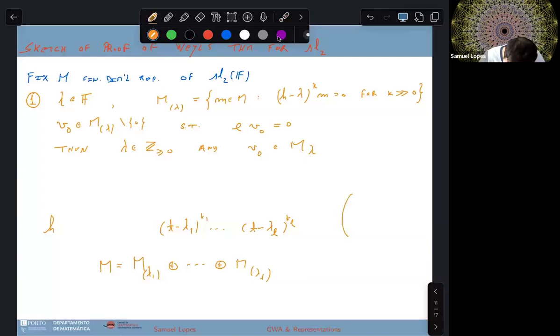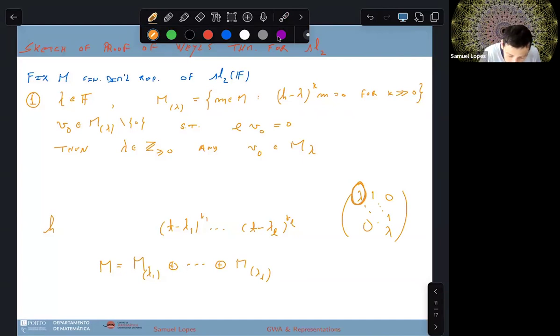So just as a refresher, if I have a Jordan block here, okay, up to multiples, there's only one eigenvector corresponding to lambda. Okay, the other elements in the space that gave rise to this Jordan block are not eigenvectors.